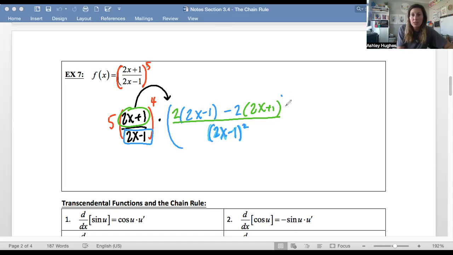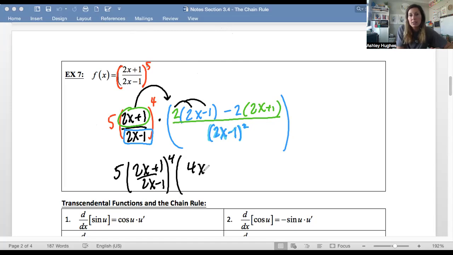Okay, so that technically is the calculus. From here on, it would just be algebra trying to simplify this, which sometimes is where students struggle. But we have 5, 2x plus 1 over 2x minus 1 to the fourth. Here I would distribute this 2, so it'd be 4x minus 2, and then minus 4x, and then minus 2.